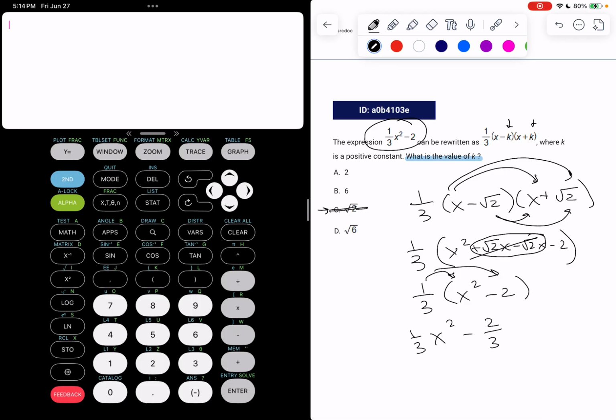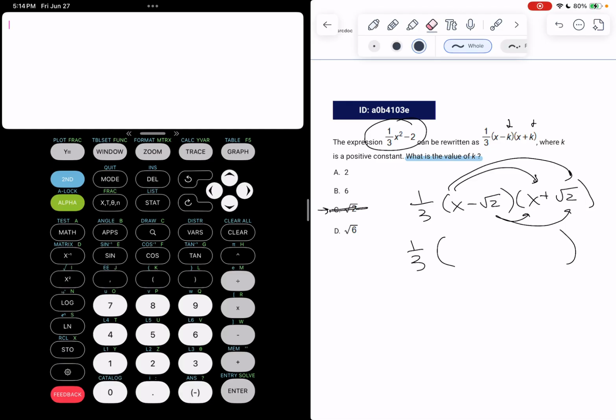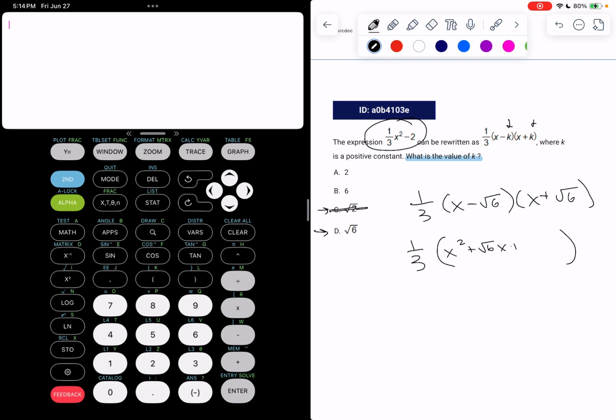All right, let's take it back, and we'll try the exact same thing, but this time, let's do it with radical 6. Okay, I'm going to change that for radical 6. We're trying D. So when we FOIL this out, I'm going to do it nice and quick. We're going to get x squared plus radical 6x minus radical 6x minus 6.